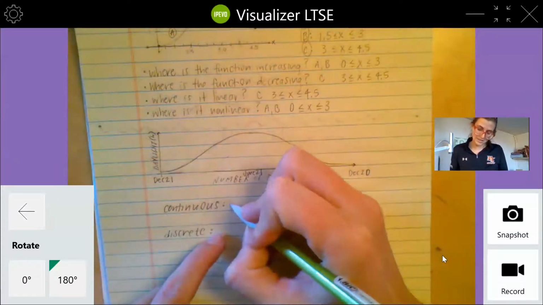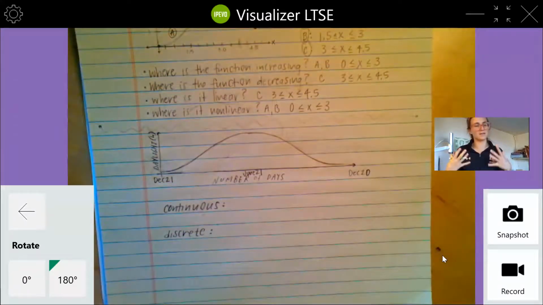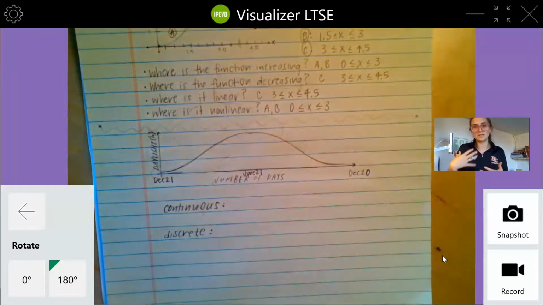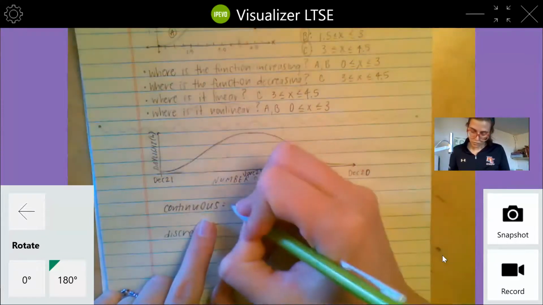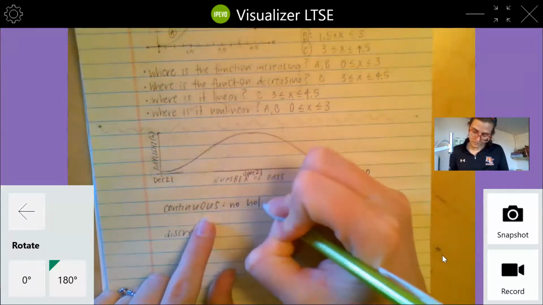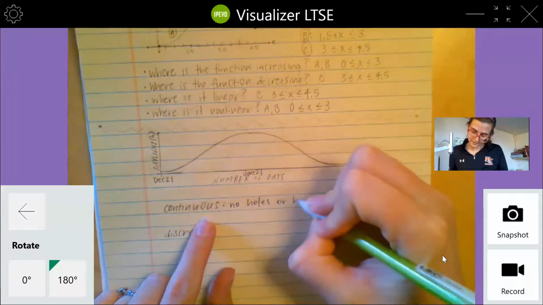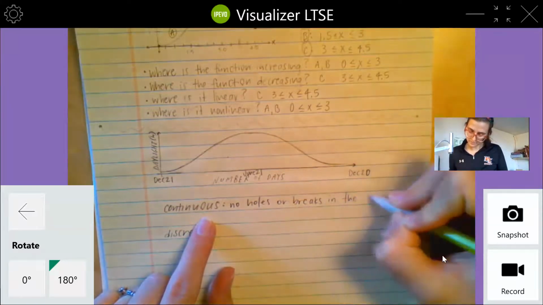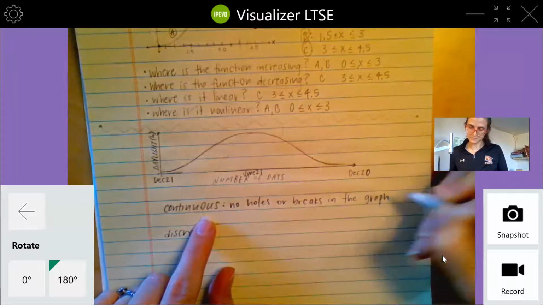That's what continuous means. Just think about the word continuous: it means fluid, it means complete, it means there's no breaks in it at all, okay? So no holes or breaks in the graph, right?